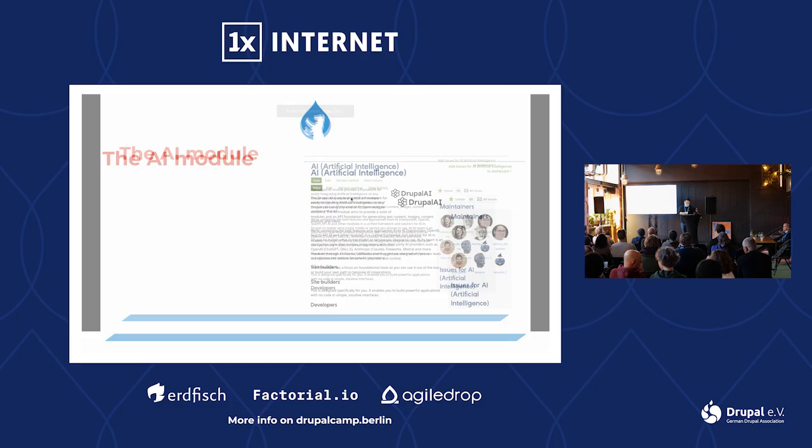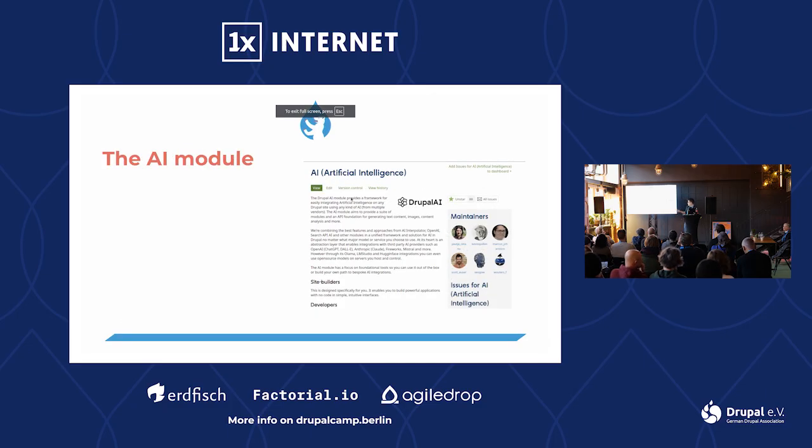Before I start talking about this, I will just mention a little bit about the AI module, because everything the AI agents do and a lot of other things that exist are based on the AI module. The AI module is basically an abstraction layer that abstracts away AI providers. It doesn't really matter if you prefer to use OpenAI or Anthropic.